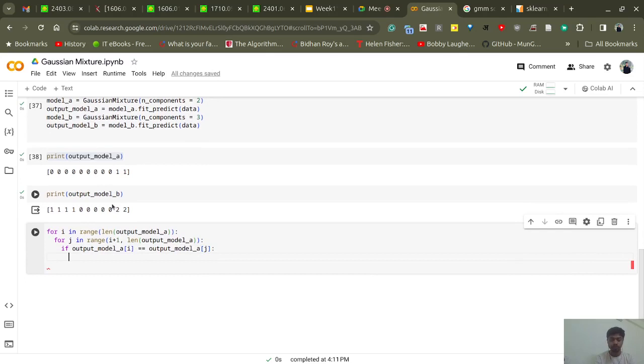So if output model B of I is not equal to output model B of J, then only we'll print that point I and J were similar.